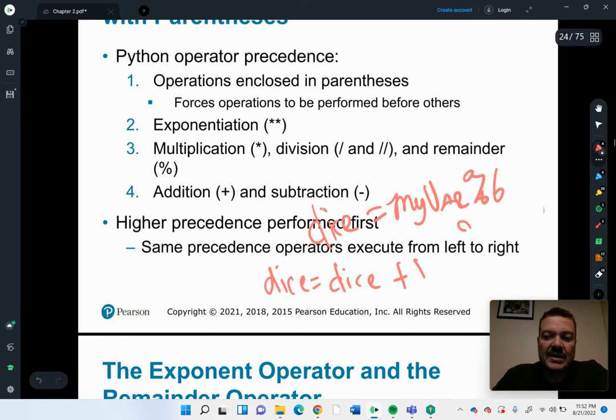So this takes that 0 to 5, always adds 1 to it, so now it's 1 to 6, and whatever that is, puts it back in dice.